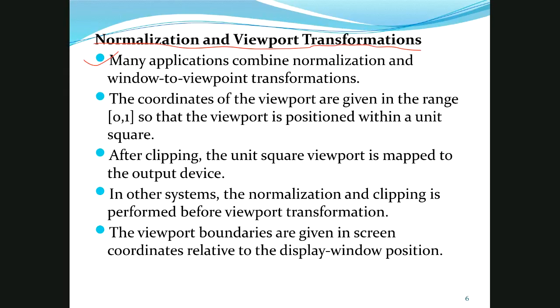First, the coordinates of the viewport are given in the range 0 to 1, so the viewport is positioned within the unit square. That means whichever portion you want to show as a viewport, for that you can give some range, like 0 to 1, 0 to 5, whatever it is. In that range the viewport will be positioned inside that unit square.